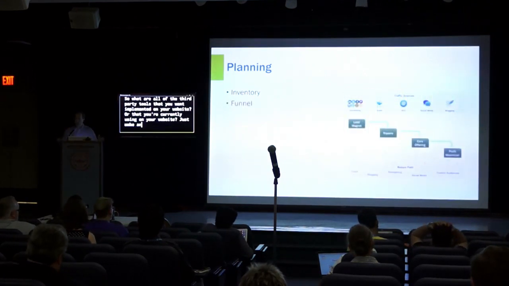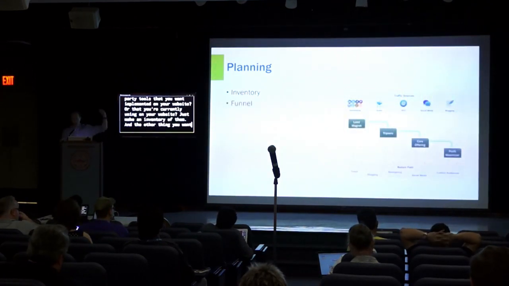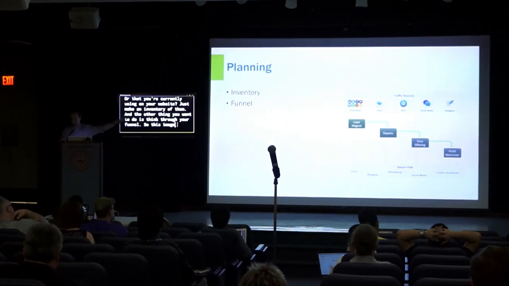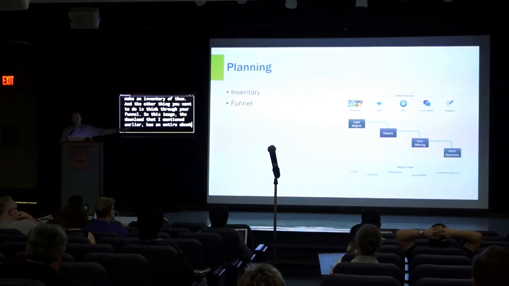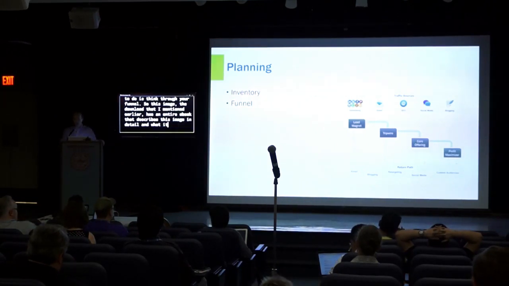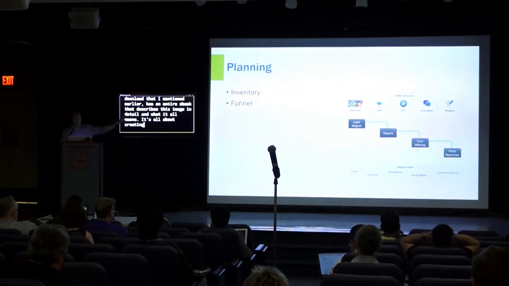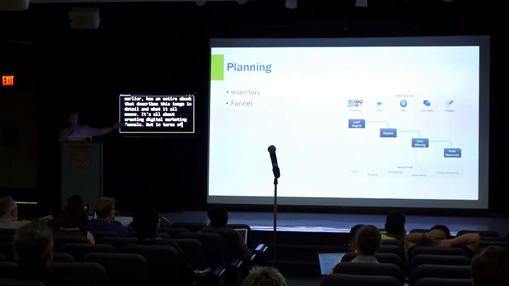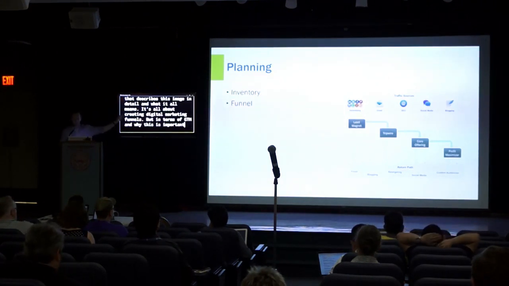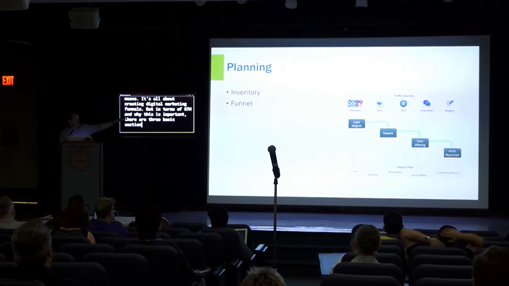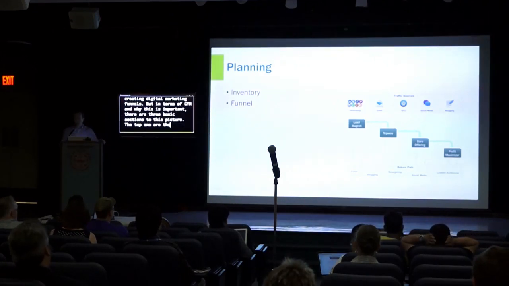The other thing you want to do is think through your funnel. This image, from the download that I mentioned earlier, has an entire ebook that describes this image in detail and what it all means. It's all about creating digital marketing funnels. But in terms of GTM and why this is important, there are three basic sections to this picture. The top one is the traffic sources.